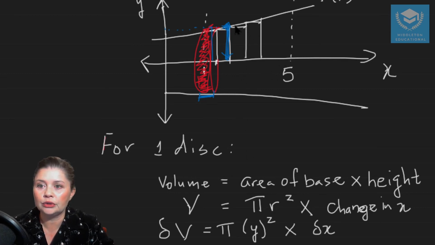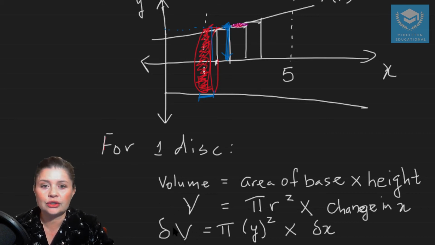For example, you don't want to leave out this piece here. The only way you can avoid that is to make these slivers as thin as possible. And the way we write that out is with this notation, which you remember from small increments.